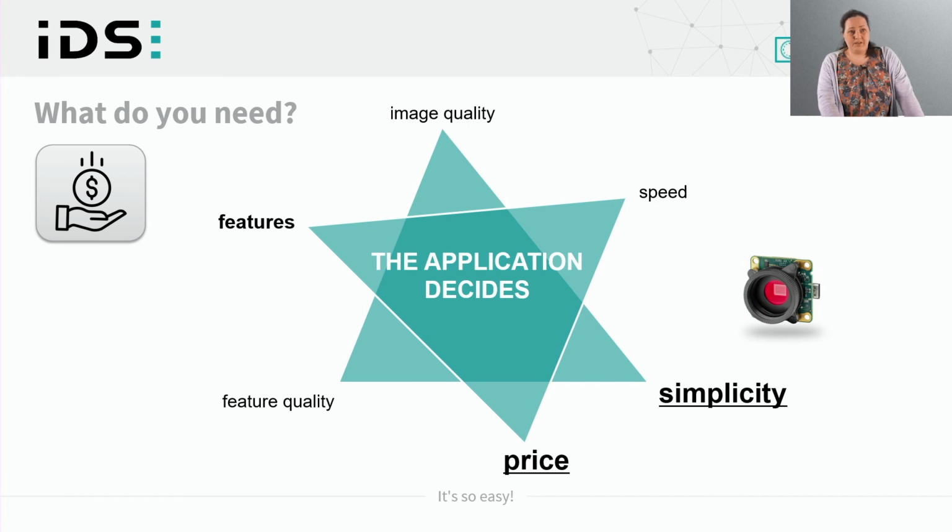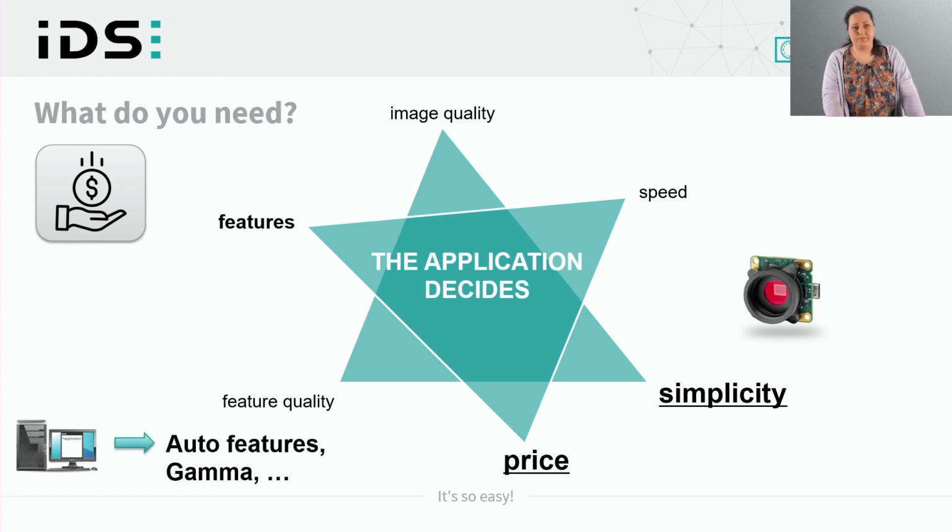So price and simplicity, and also the features that you need for your application, because maybe the camera does not offer all the features that you need. Software can help in this case, for example, by implementing the missing features of the camera inside the SDK, but also with the simplicity of how you can implement them.